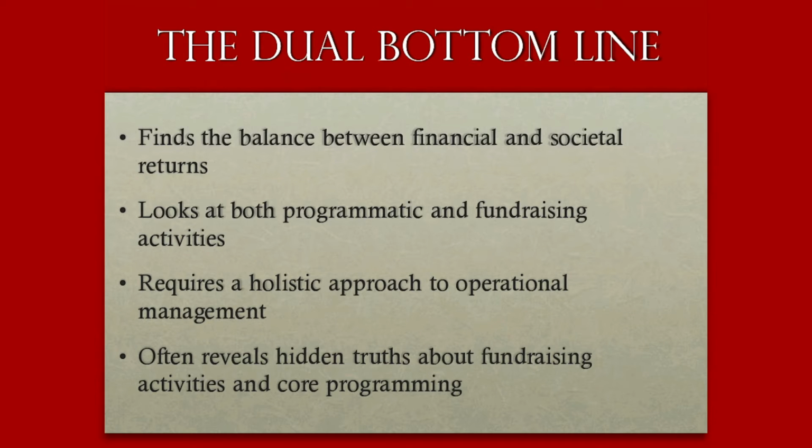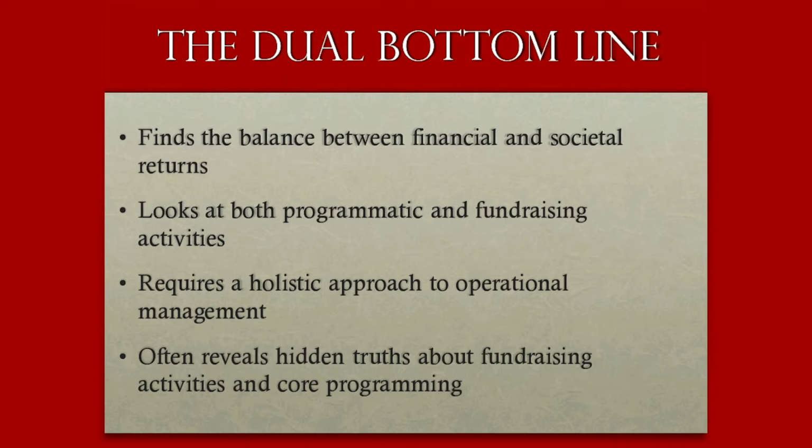So how do you balance that? How do you balance the search for funds with adherence to mission and a commitment to impact? And that's increasingly being discussed as the dual bottom line for nonprofits and social change organizations. The dual bottom line is a requirement that organizations find a balance between financial and societal returns of all of their activities.